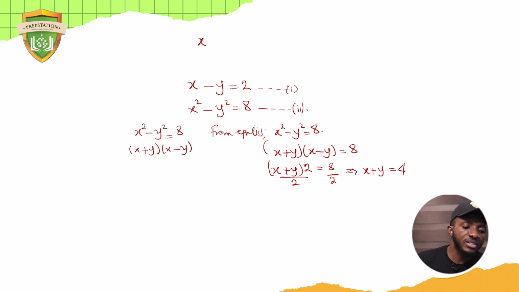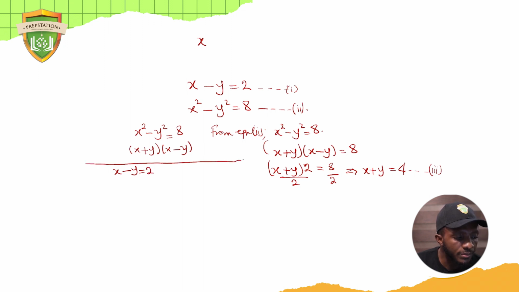Now, we can still do this. So I can decide to number this equation 3. Okay, it's my choice. Now, equation 1 says x minus y equals 2. So let me partition the board. Are we okay?